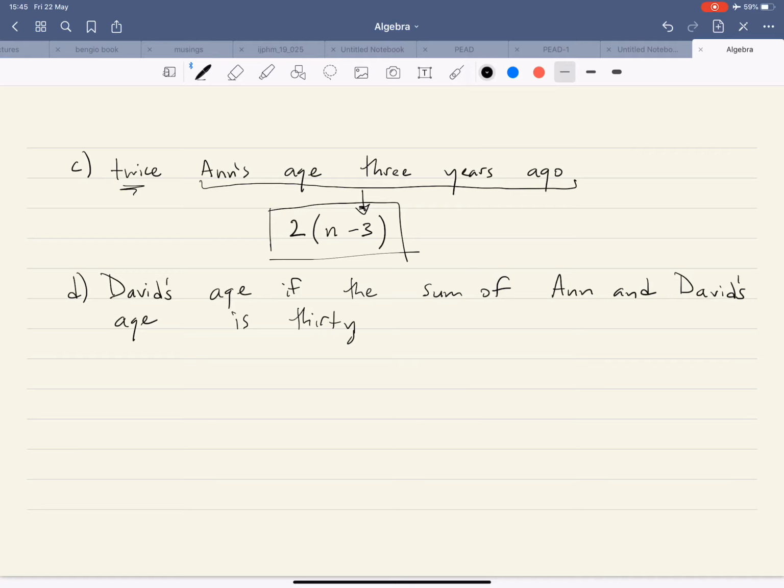So we already have that Anne's age is n, right? We could say that David's age is d. And we know that the sum of their ages together is going to be this 30.